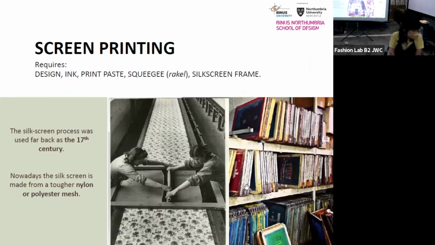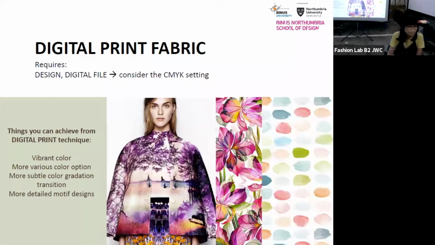So this is digital print fabric. It requires the design, of course, the digital file, and then you have to consider the CMYK setting. Notice the difference between CMYK and RGB. For digital printing, the setting that we use is CMYK, because that's the system of the printing machine.